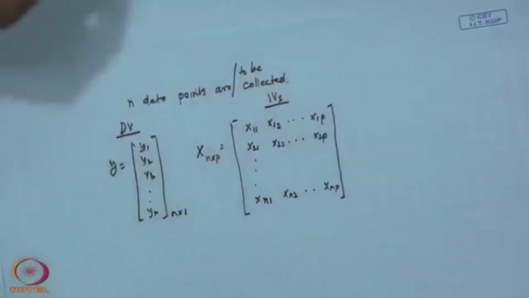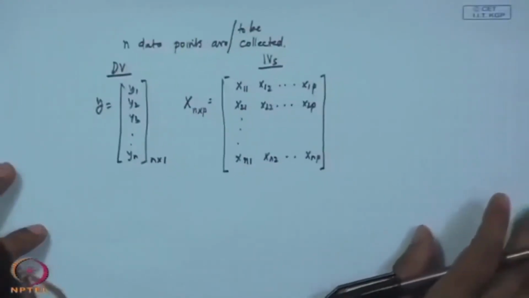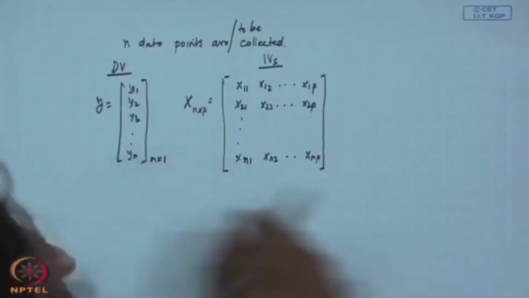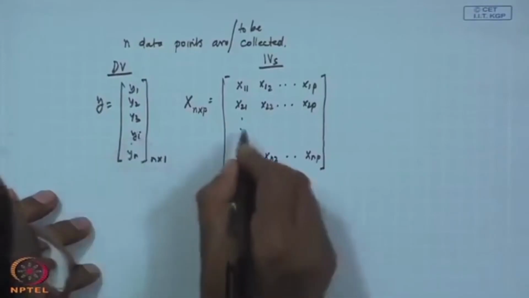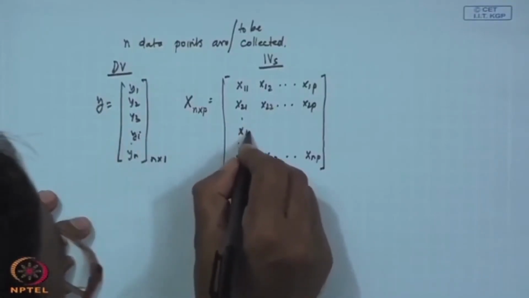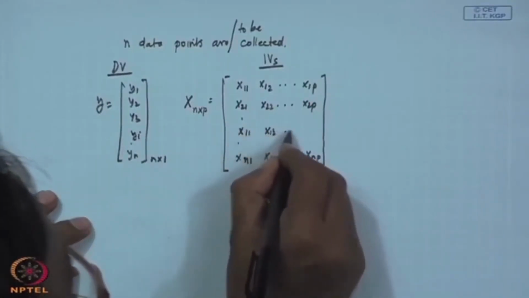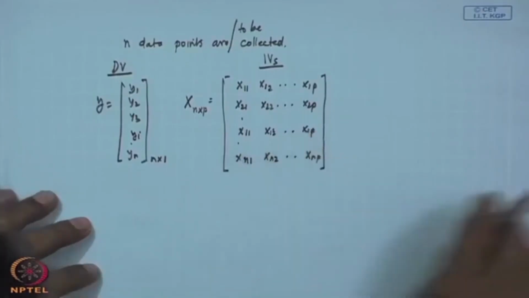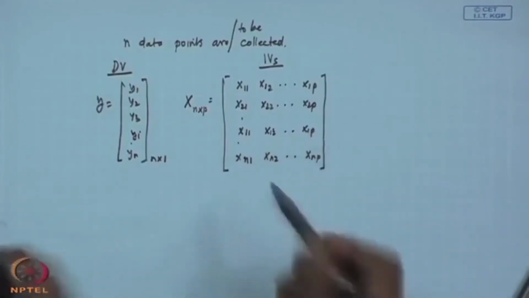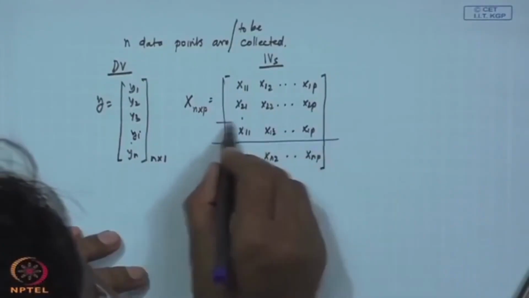So, to incorporate every data point, if I write one yi here, then here it will be xi1, xi2, up to xip. This is the general observation.